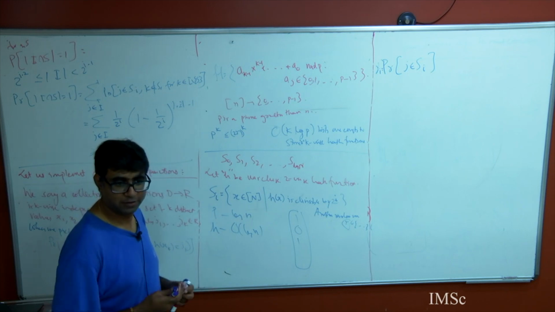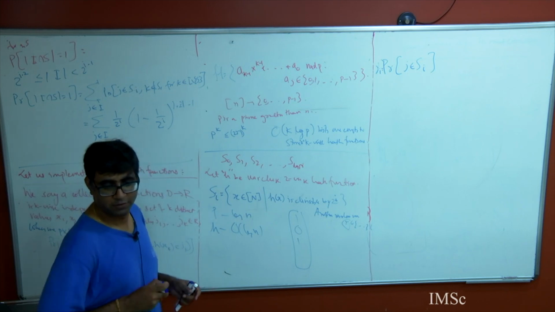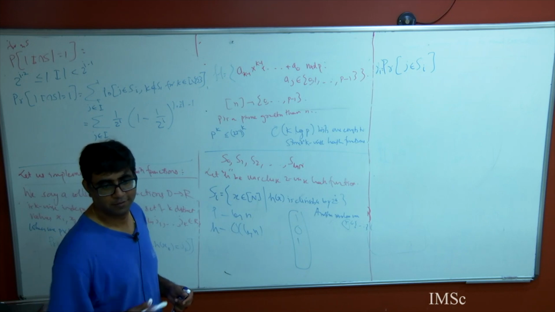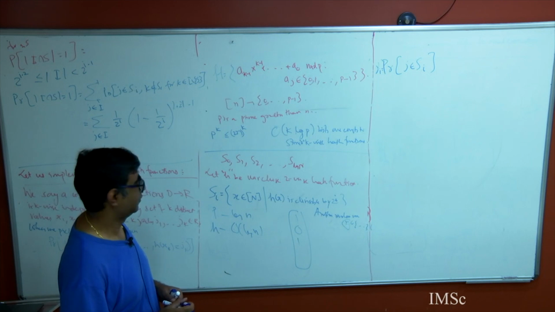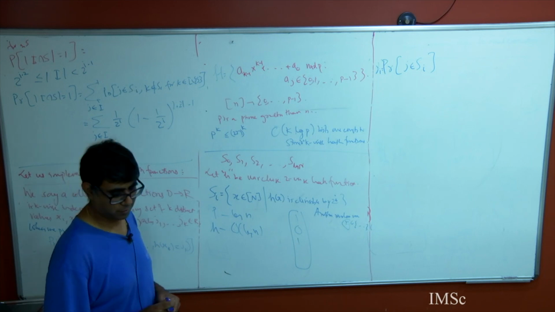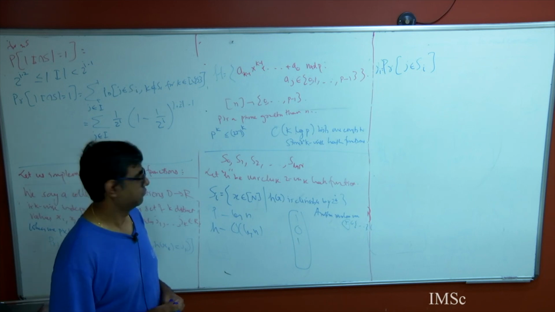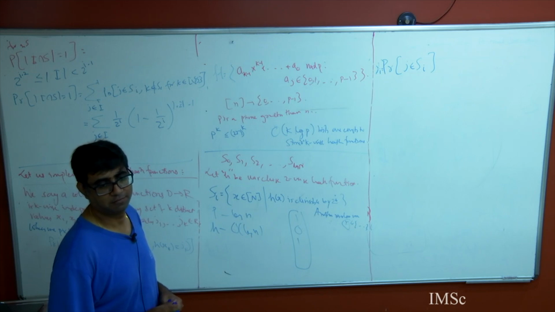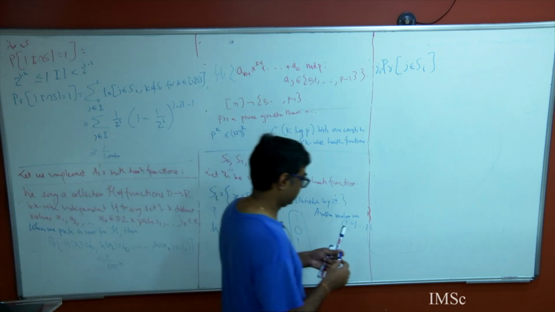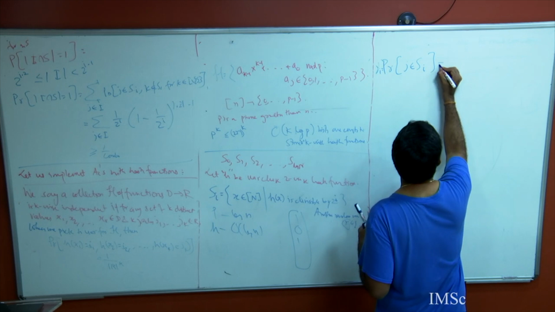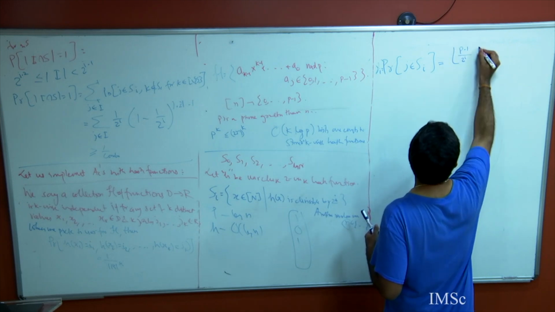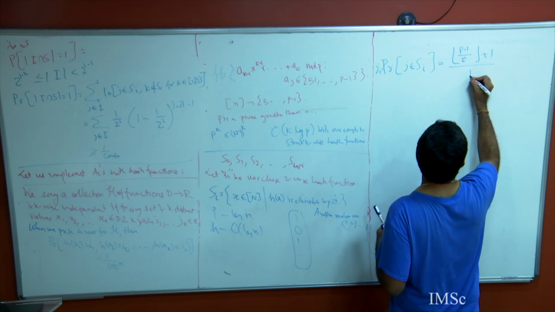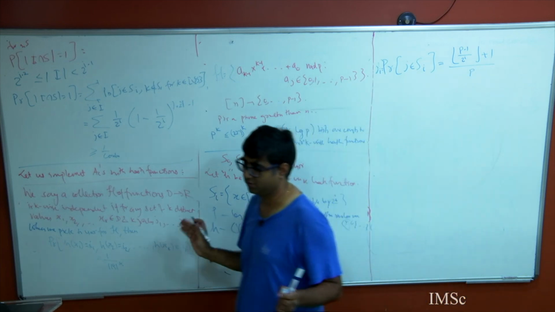What is the property of h? h of j is going to behave randomly, taking any value between 0 and p minus 1, completely uniformly at random. So you need to know how many numbers are divisible, which is given by (p minus 1) over 2 to the power i, plus 1, divided by p. This is it.